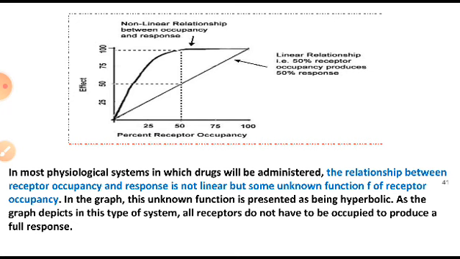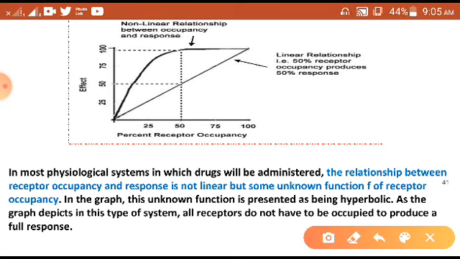If you want to see, you can see here that the 50% response is obtained when 50% of receptors have been occupied. Okay, and here you can find a linear relationship. 50% receptor occupancy produces 50% response, right?